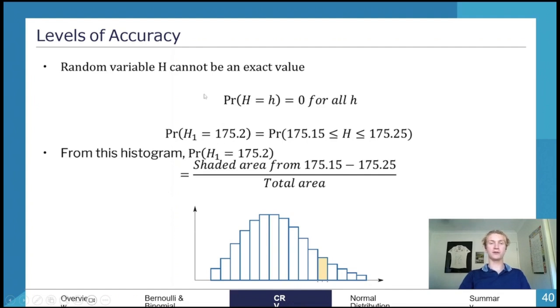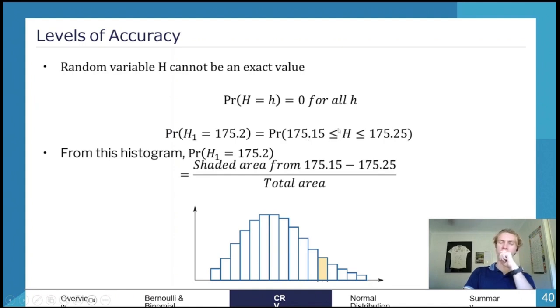Okay, so for example, if I asked you about a person at a height of 175.2, where we're measuring to millimeters, that is going to be equal to the probability that they're between 175.15 and 175.25. So I want you to rephrase it in terms of the probability that it's between 175.15 and 175.25.